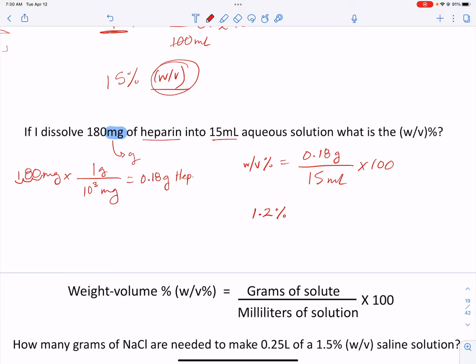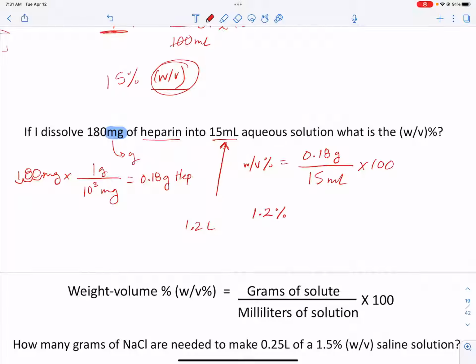Oh, last thing. What if instead of telling you 15 milliliters, I told you that you had 1.2 liters of aqueous solution, okay?